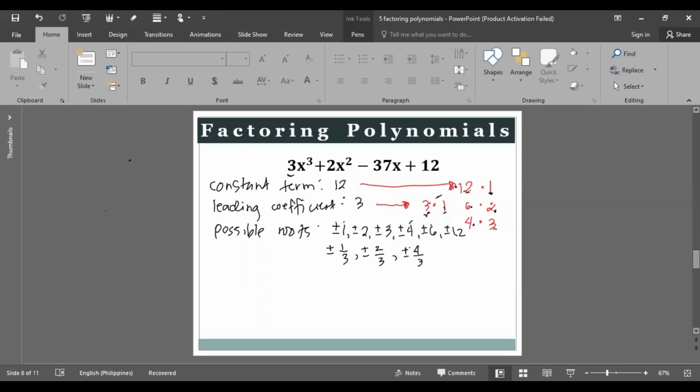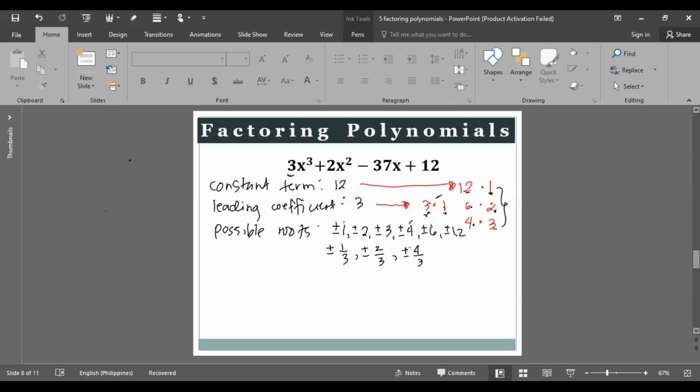Inisa-isa natin yung factors ng constant term. Then automatic, kasali sila sa possible roots. Lalagyan lang natin ng positive negative signs. Then automatic din, kasali yung factors ng leading coefficient natin. Pero since kasali na yung 1 and 3 sa first set of possible roots natin, hindi na natin in-include yan.